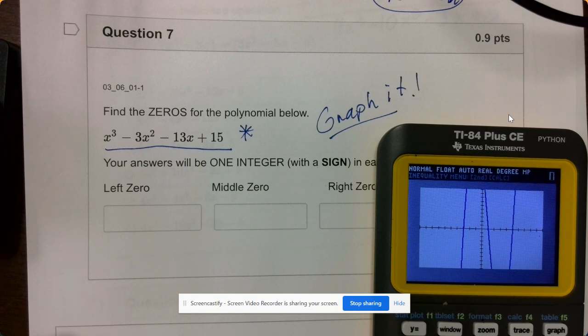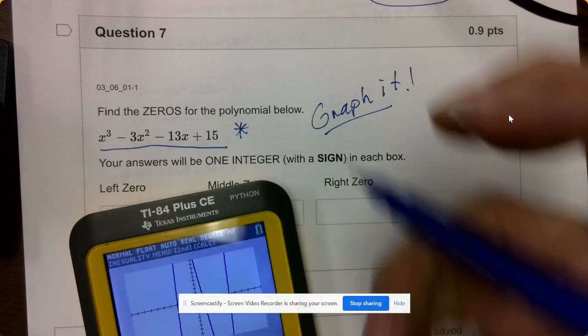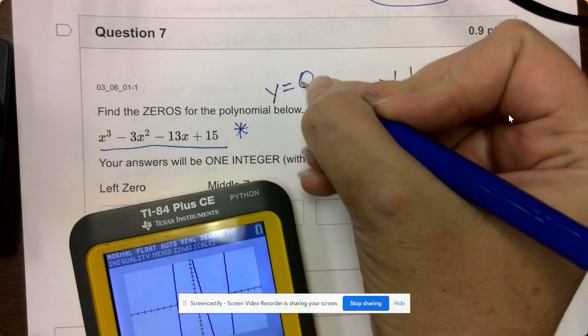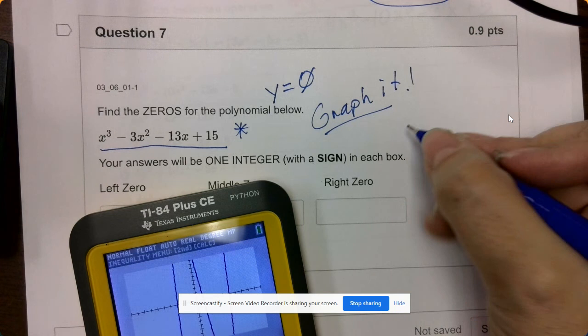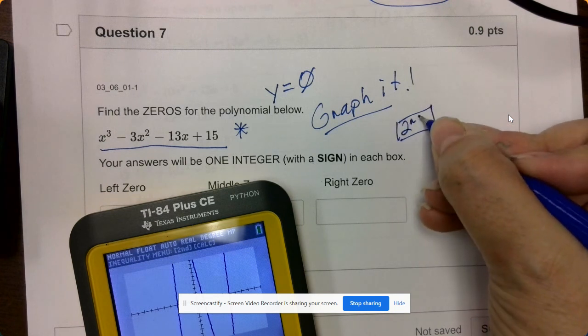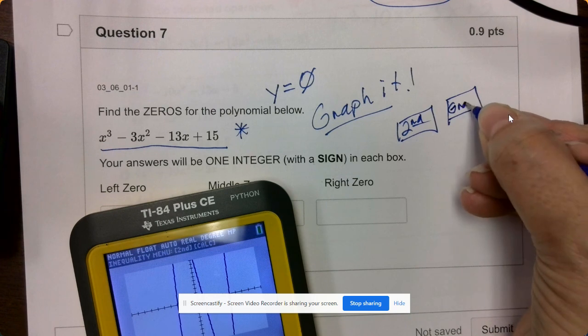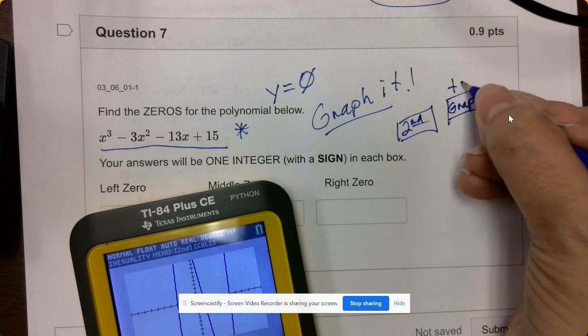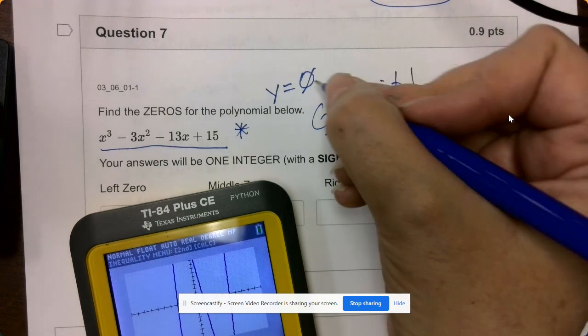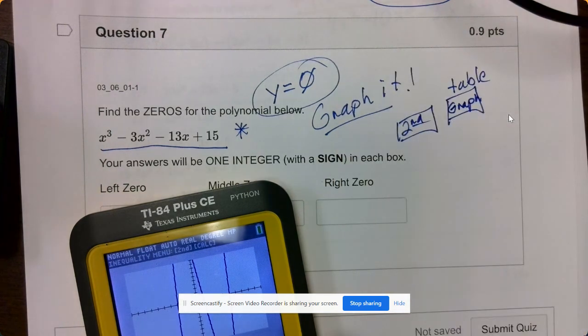Okay, so we know our zeros, everybody. For our zeros, everybody, remember y is going to equal 0. So I can go second after I've graphed it and graph to look at the table. And I'm looking for where y is equal to 0.